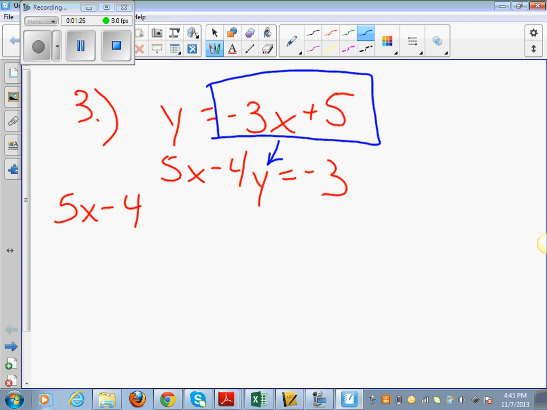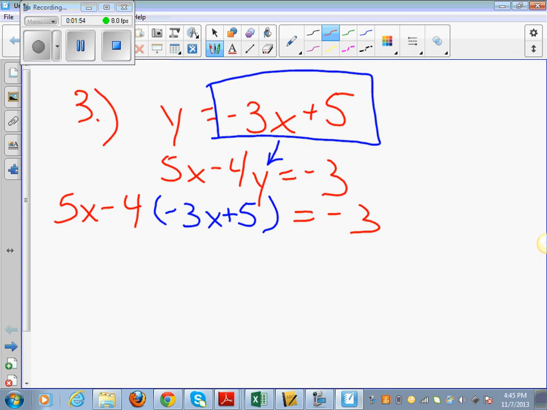So instead of having 5x minus 4 times y, I have 5x minus 4 times negative 3x plus 5 equals negative 3. So all I did was rewrite my second equation, but I replaced y with negative 3x plus 5 because that first equation told me that they're equal.